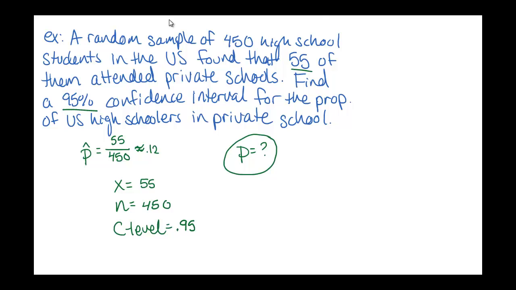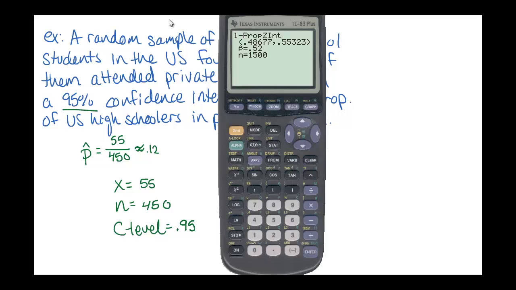So I'm going to do this with the calculator. Go into our stat and over to tests, down to option A. That was the 1-proportion z interval. So our x is 55, our n is 450, and we wanted a confidence level of 0.95.